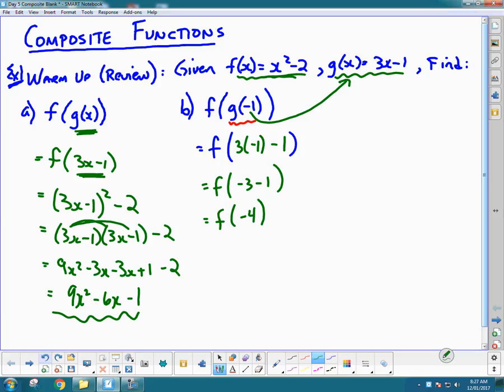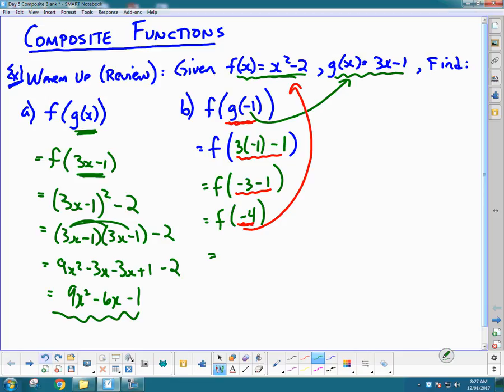Now you get this negative 4. That's the inside part. That's this part right here. g at negative 1 turns out to be negative 4. And now you get that answer of negative 4, and you take it and plug it into the f function. So wherever you see an x, you're going to replace it with negative 4.